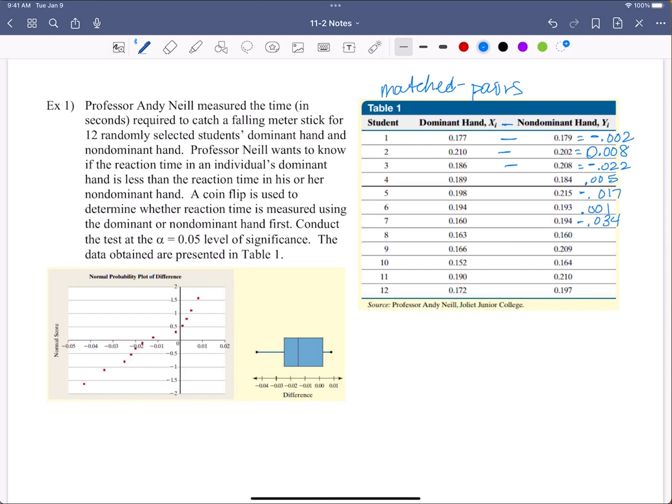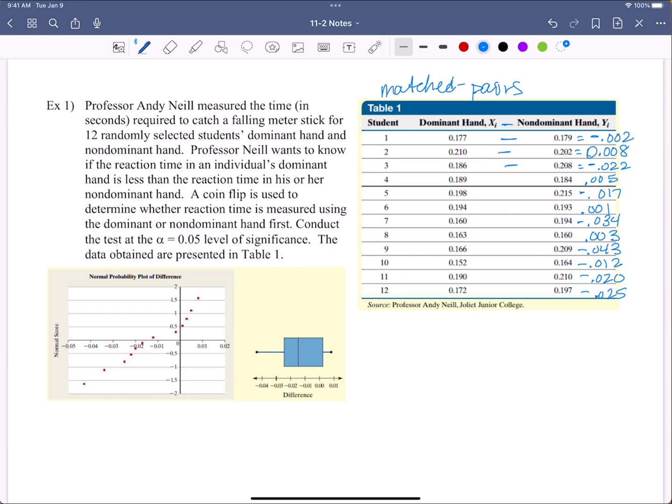If we're getting something different, then you're going to have to let me know. 0.043, negative 0.012, negative 0.020, negative 0.025. All right, those are what we have for dominant minus non-dominant.